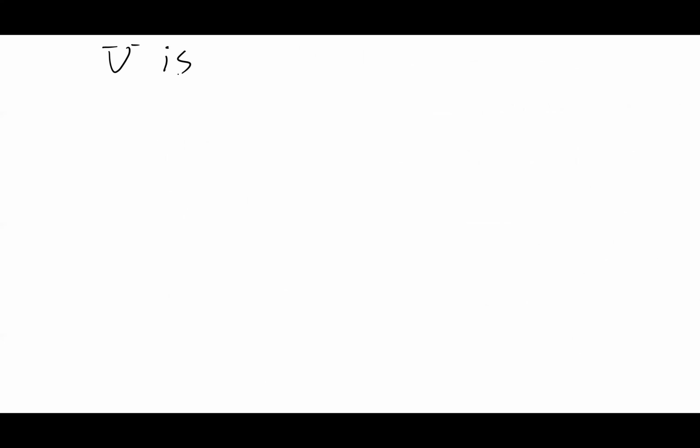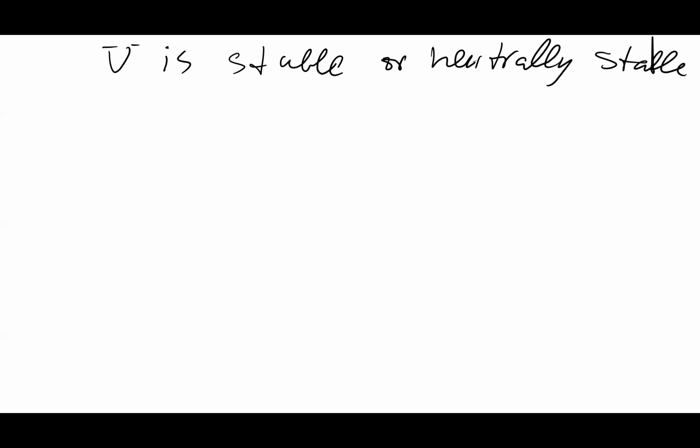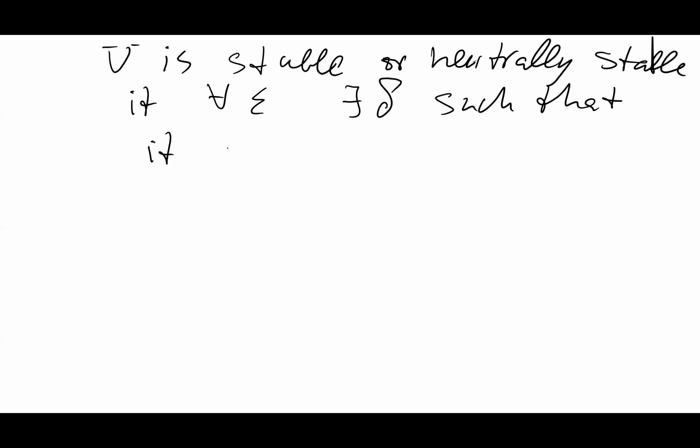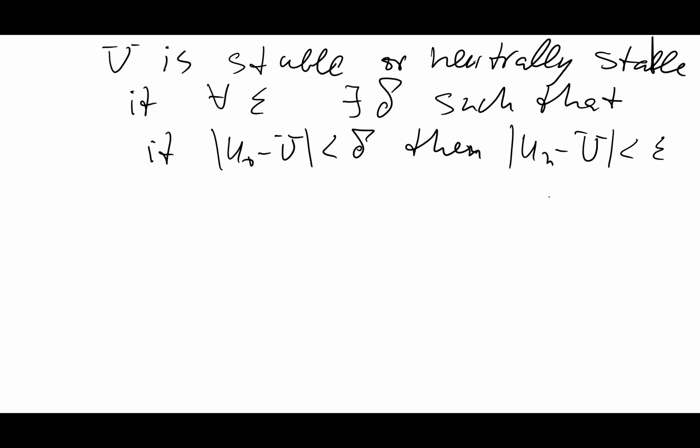U capital is stable, or neutrally stable, if for any epsilon there is delta such that if U_0 minus U capital by absolute value is less than delta, then U_n minus U capital by absolute value is less than epsilon for any n. So this is neutral stability.